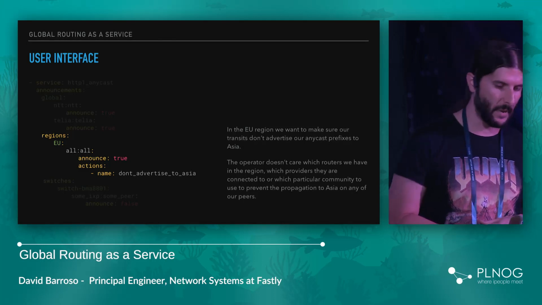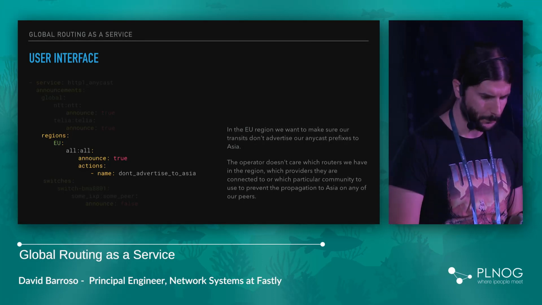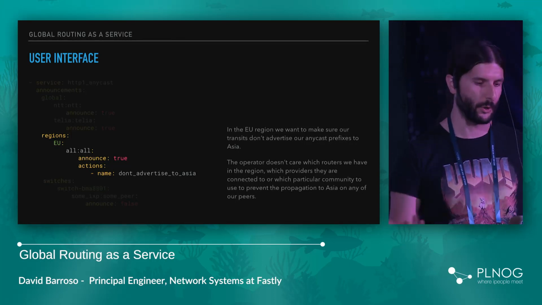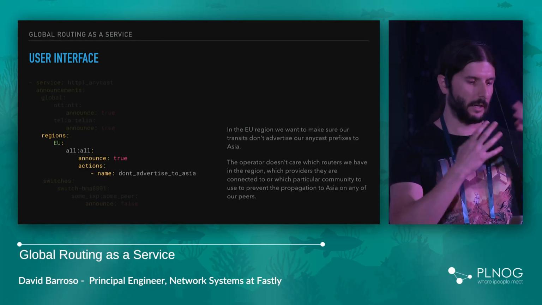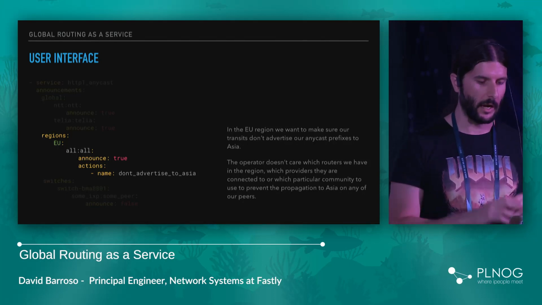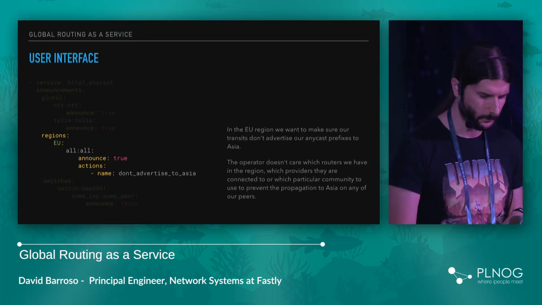That will depend on many, many factors, but we want to ensure that they don't go towards Europe. And of course, this abstraction is hiding all the details about the communities. This is going to translate to, I don't know, 30, 40 different transits across Europe. And this system is just going to resolve all those communities on the operator's behalf.